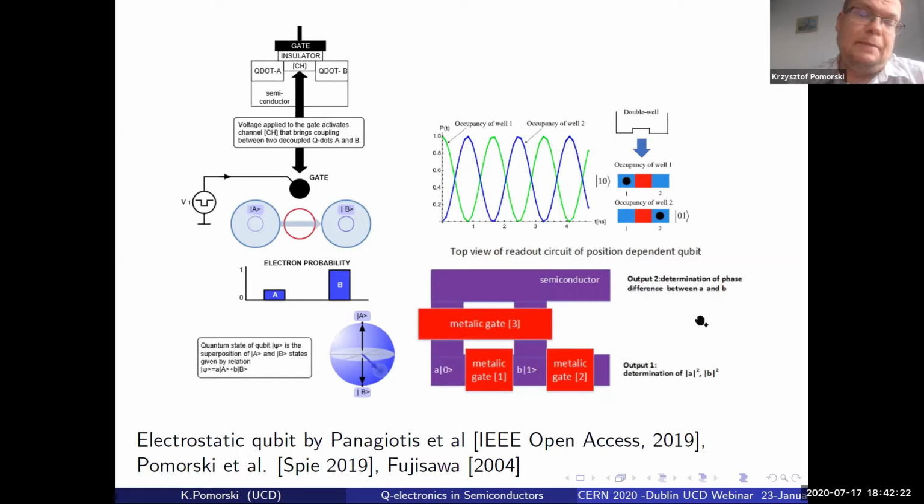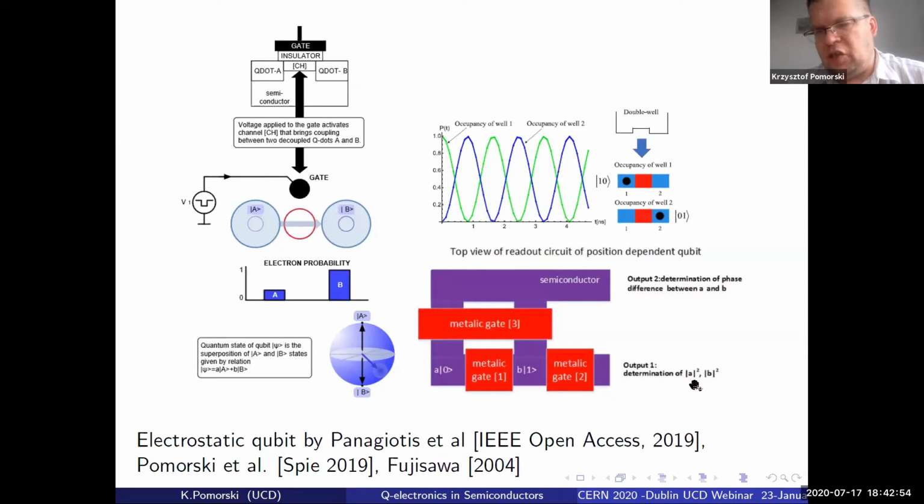Once you have the state of the qubit given in such a way, there is a presence of the electron between A and B, as seen on the right side of the bottom picture. If you lift the potential in metallic gate 2, you will see two parts of the wave function coming out. They correspond to the determination of A squared and B squared.